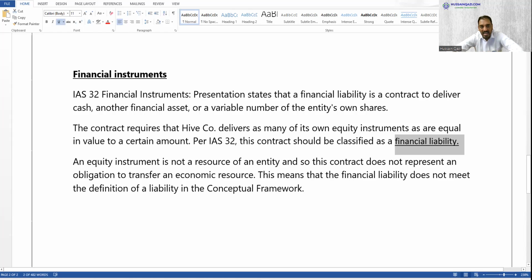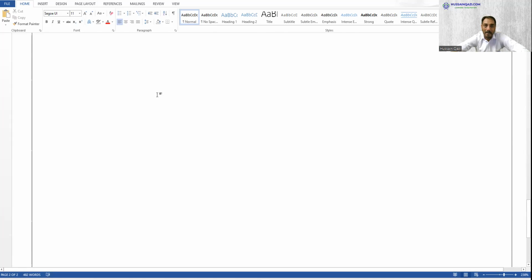You know very well, an equity instrument is not a resource of the entity, so the contract does not represent an obligation to transfer an economic resource. So according to the conceptual framework, this is not a liability because there is no obligation to pay cash, no resources. This means that the financial liability does not meet the definition of the conceptual framework. Yes, exactly.